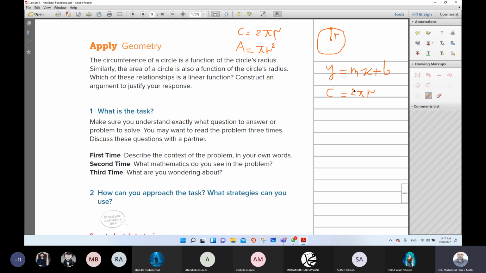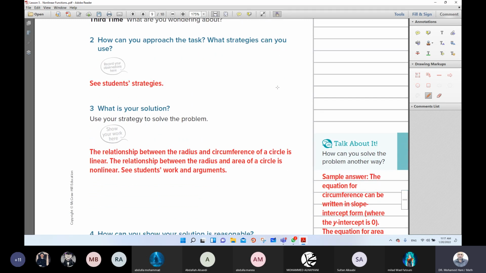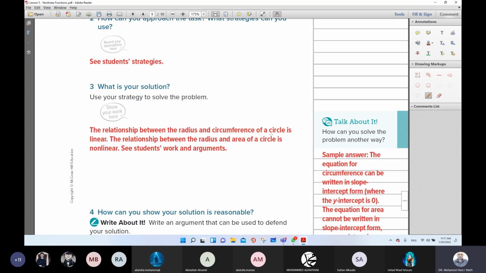So this form is like this form, so here it is linear. But in the second equation we have squared, and when you have squared in the equation it means not linear. So the relationship between the radius and the circumference of a circle is linear. The relationship between the radius and area of a circle is nonlinear.